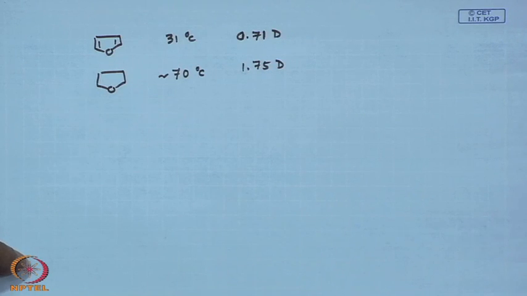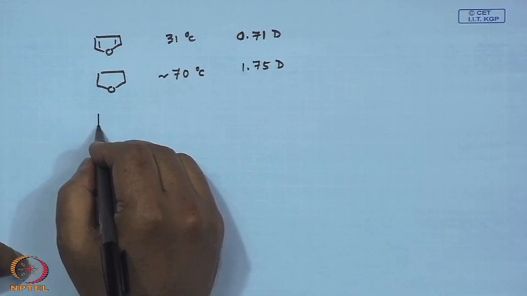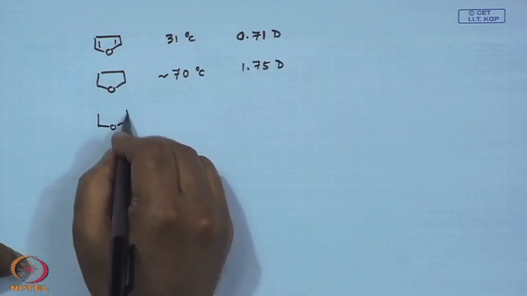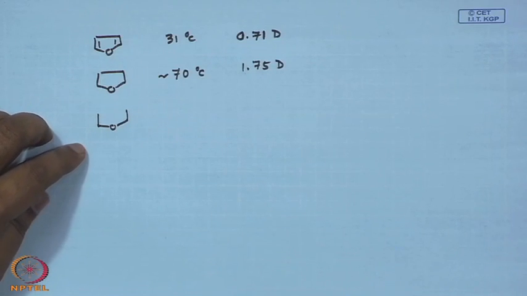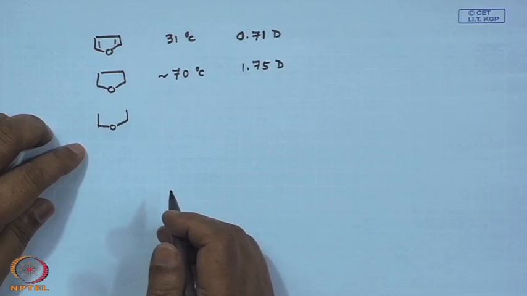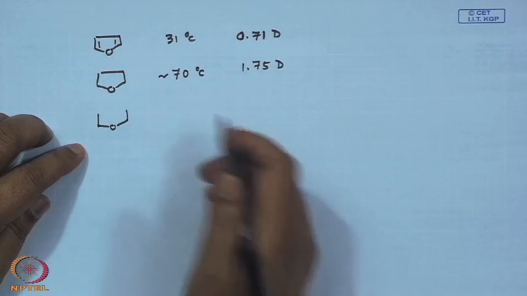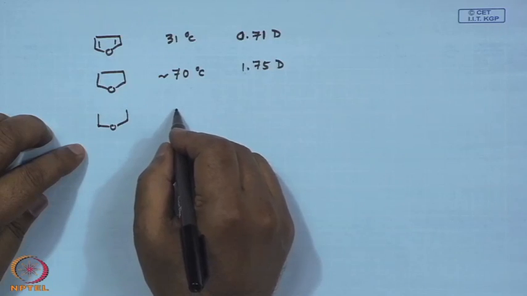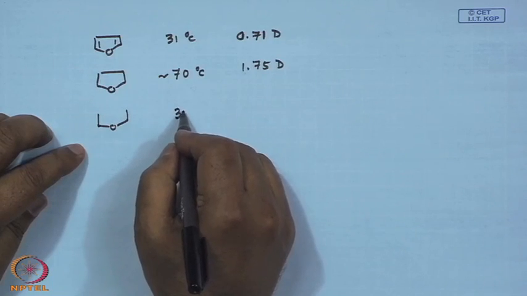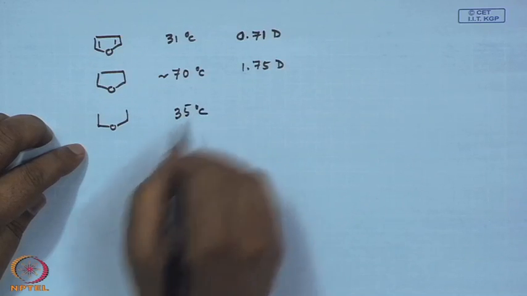Now, what is this? Ether. So, from tetrahydrofuran to ether, what is the molecular weight increase? Only 2. So, the boiling point should be around 70, but how much do you get? Okay, let us make it 35.